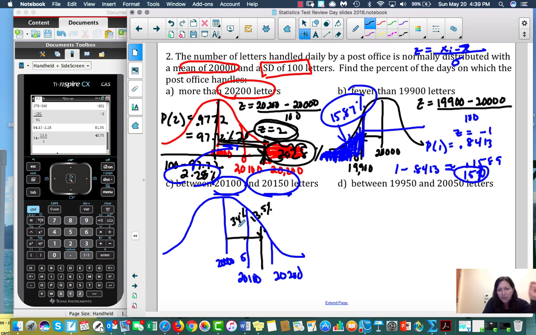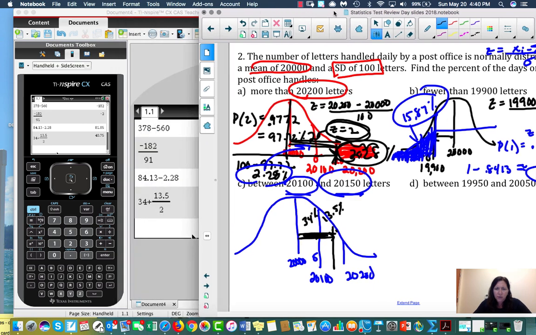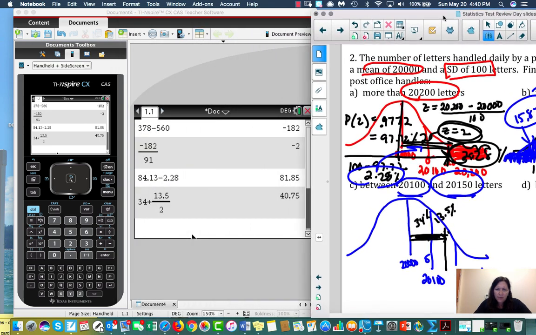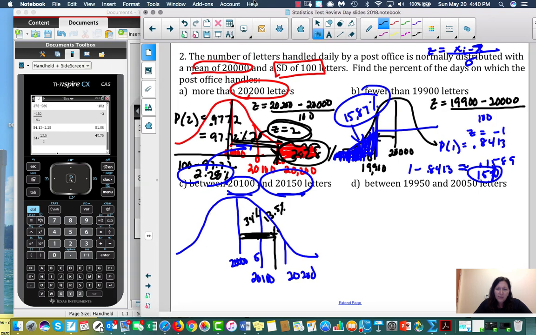I just added those up, and I just showed you that on the calculator, 40.75. So I know that that's 40.75.